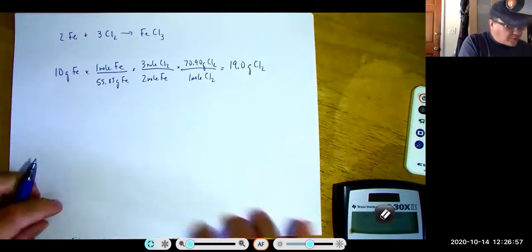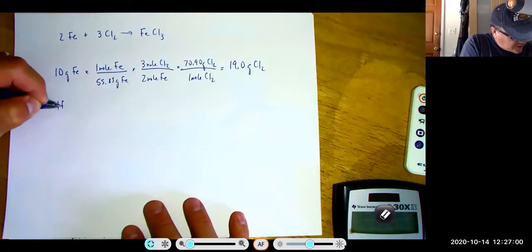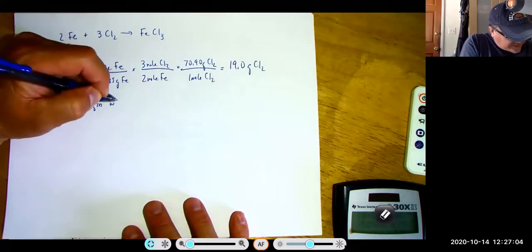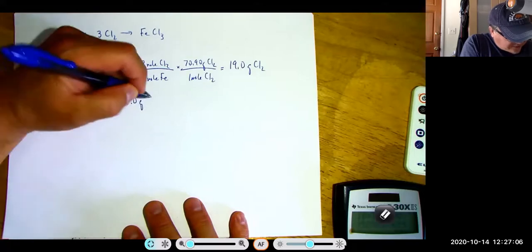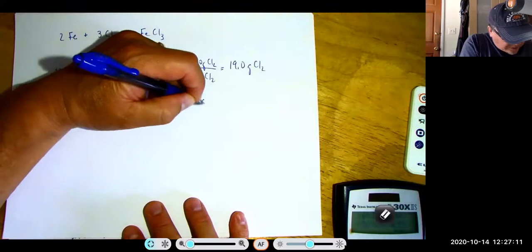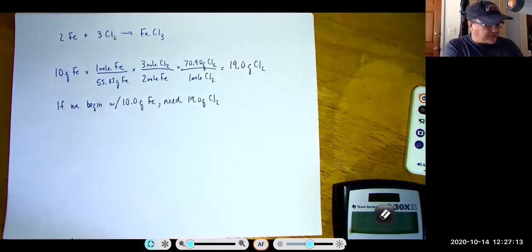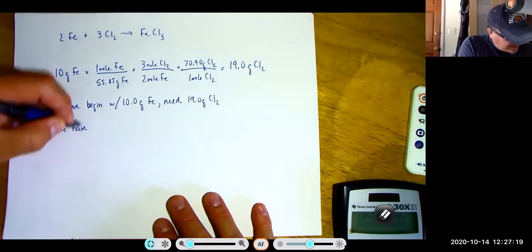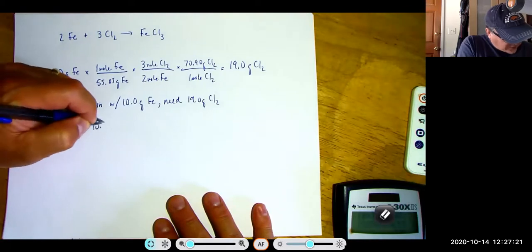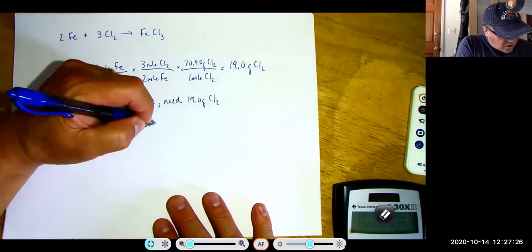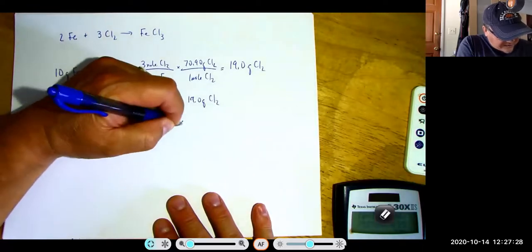So I'm going to write out the words. So if we begin with 10 grams of iron, you need 19.0 grams of chlorine. So do you understand what I've written there? Yep. Now, we have 10 grams of chlorine, so not all iron can react.